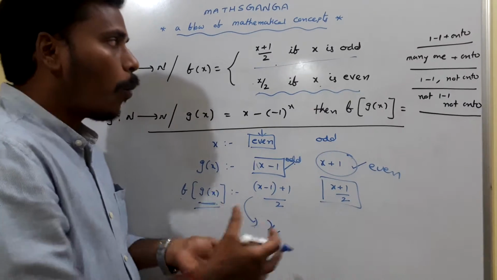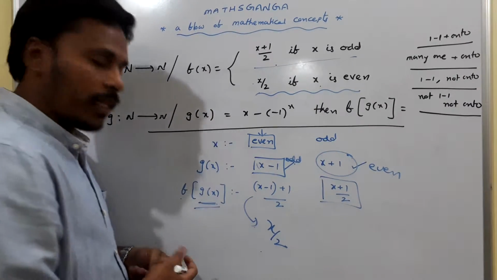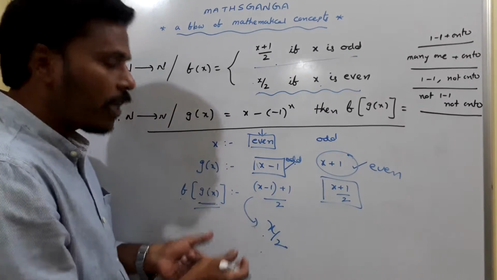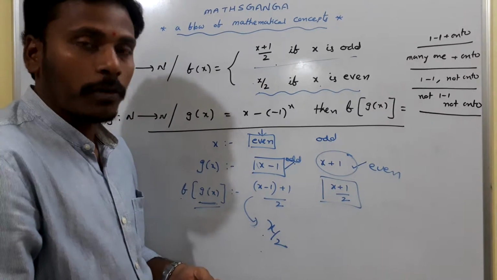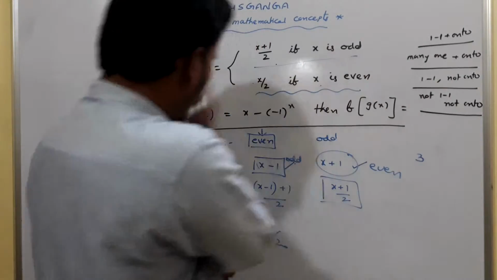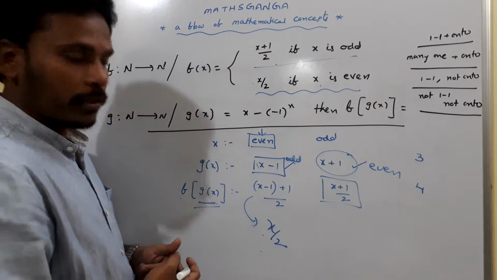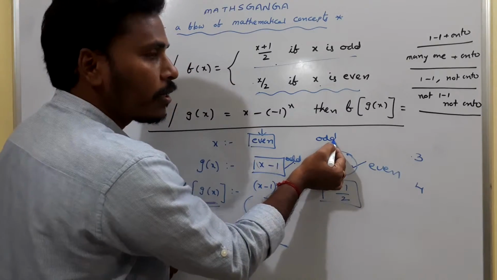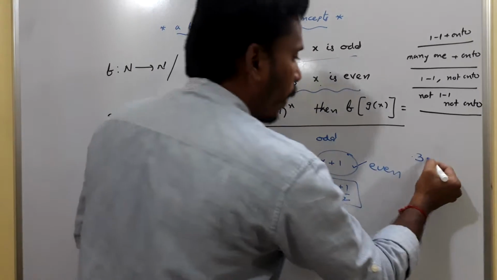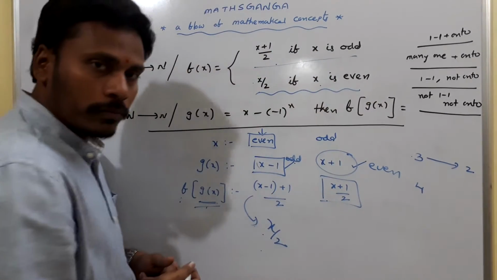So we need to check whether it is one-one or not. See, it is clearly explained that x by 2 and (x plus 1) by 2. So for some values, both x by 2 and (x plus 1) by 2 are the same. Suppose I have 3 in the domain of natural numbers and 4 in the domain of natural numbers. Since 3 is odd, with this definition, f of g of x maps to (3 plus 1) by 2, that means 4 by 2, which is 2.